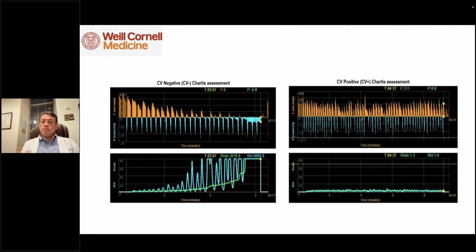Now, interestingly enough, not every center will perform this, and there is some discussion within the community in regards to this particular step of the procedure. How important is it to perform this?